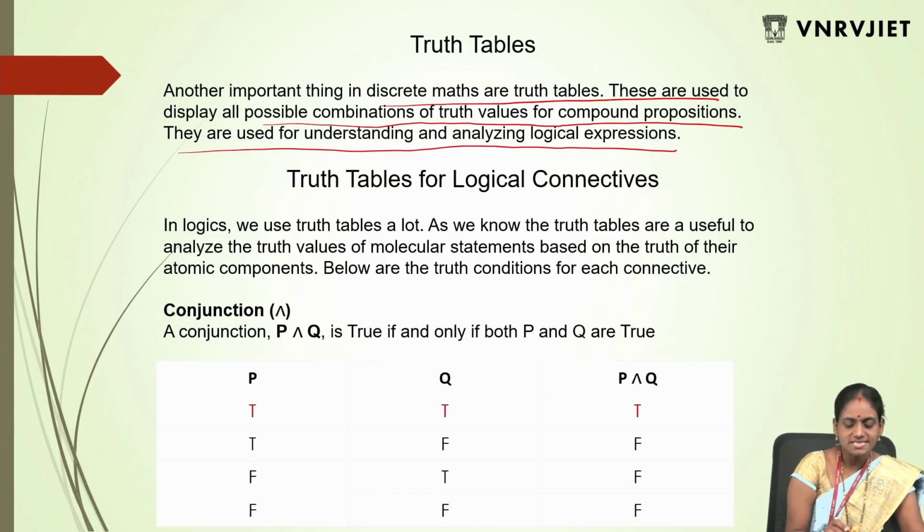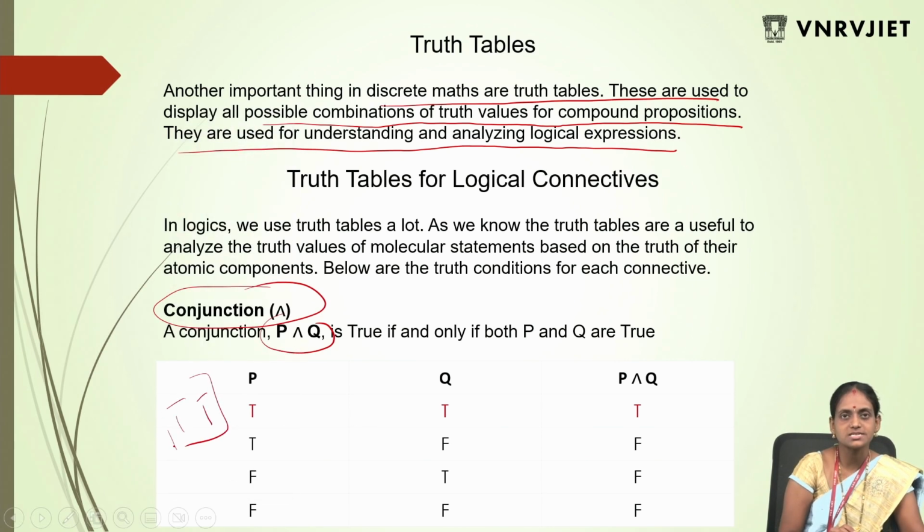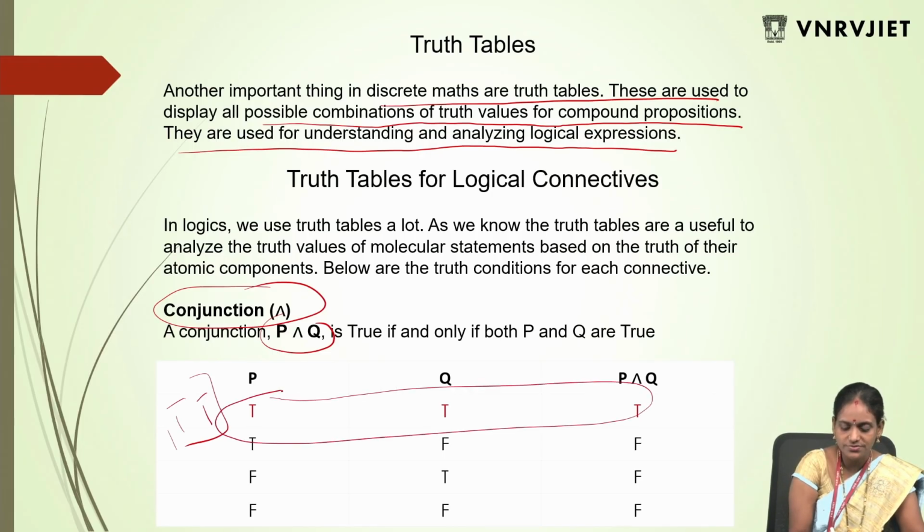If you consider conjunction, this is the symbolic representation, and this is the corresponding truth table for conjunction. Then how are we going to compute this conjunction operation? Here I highlighted it in red color. If the first statement is true and the second statement is also true, then the resultant is true.